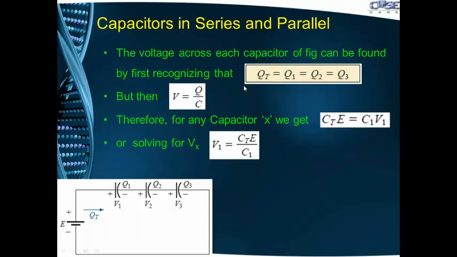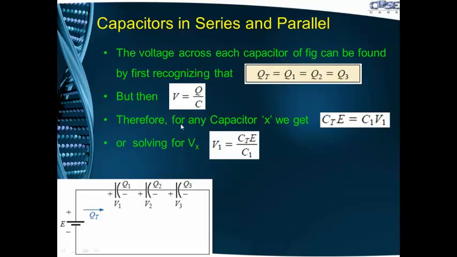The voltage across each capacitor of the figure can be found by first recognizing that all the charges are equal, and then we can apply this equation to find the voltage. That would be equal to Q by C, and for any capacitor, Q1 by C1. If we know the value of charge on any capacitor, we can find the corresponding voltage.